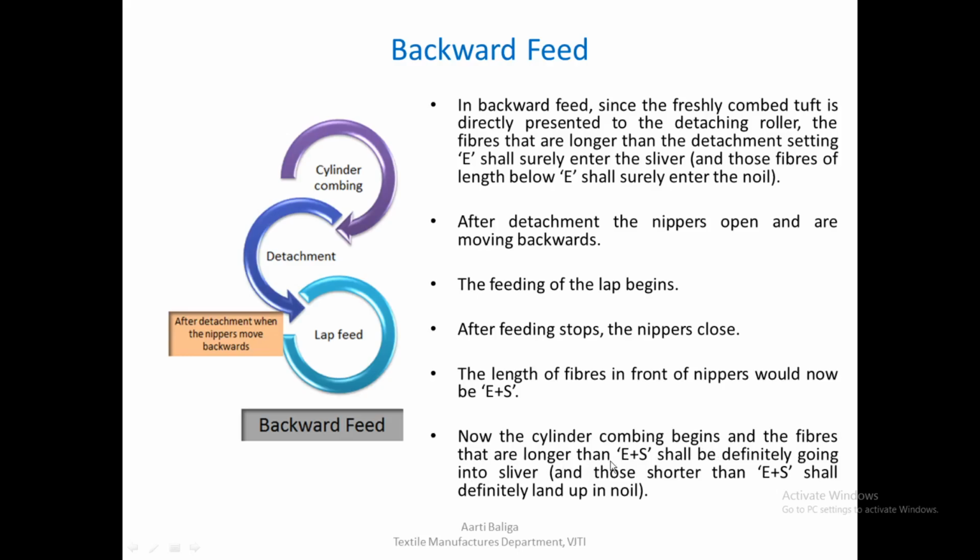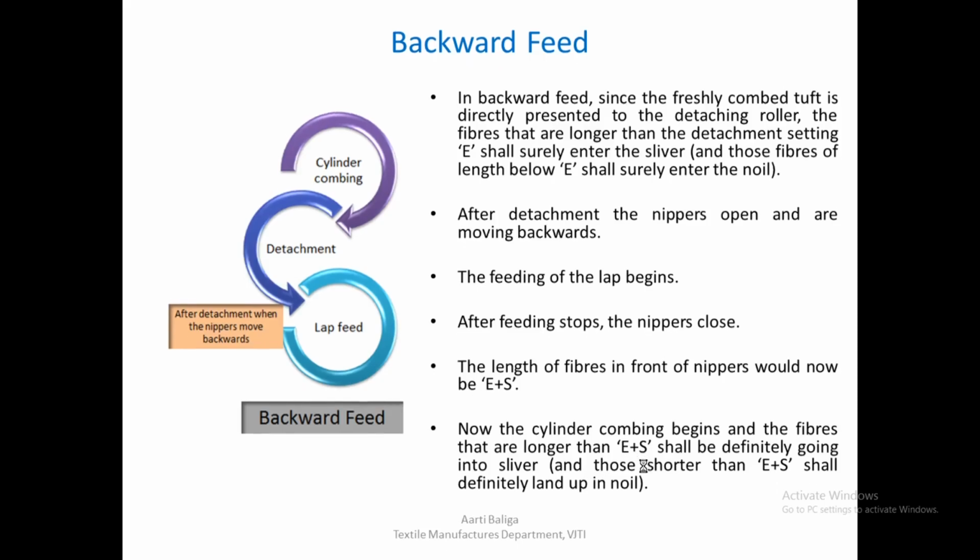The fibers that are longer than E plus S shall definitely go into the sliver, and those shorter than E plus S shall definitely land up in the knot. So in this particular slide we have seen two situations. One is what is happening during detachment, where the border length is E, and during cylinder combing, the border length is E plus S.